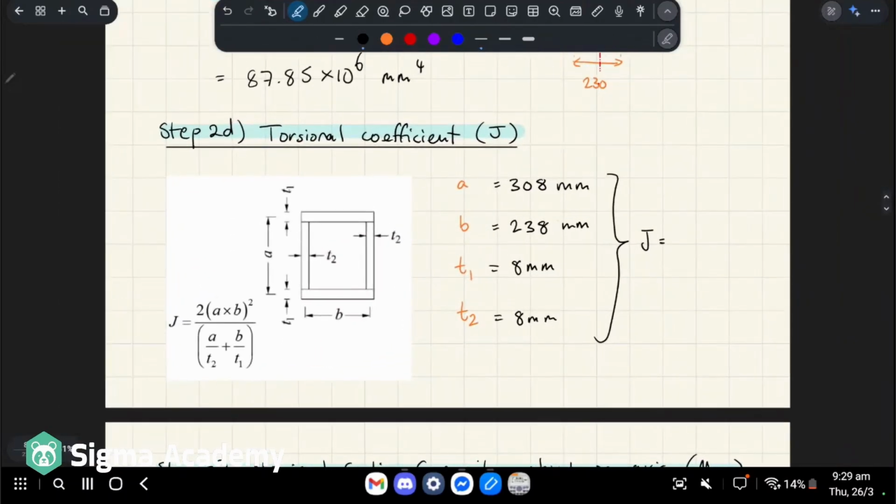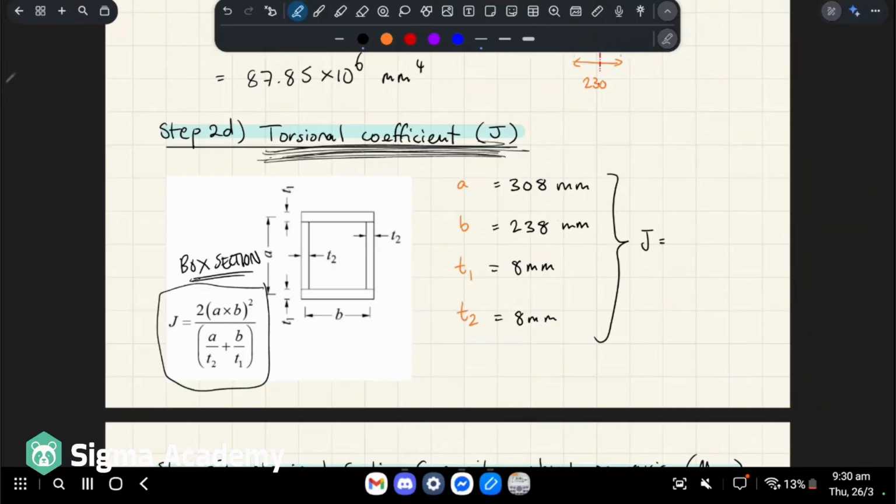Next is a torsional coefficient. So the question actually gives you the torsional coefficient calculation for a box section. Finding the torsional coefficient is basically different for every unique type of section, and this just happens to be for a box section, right? You don't have to memorize these.